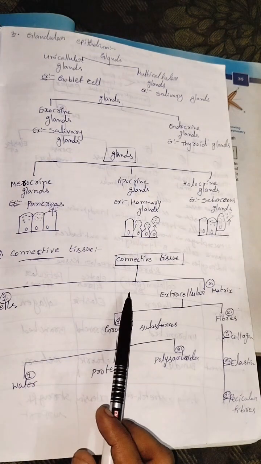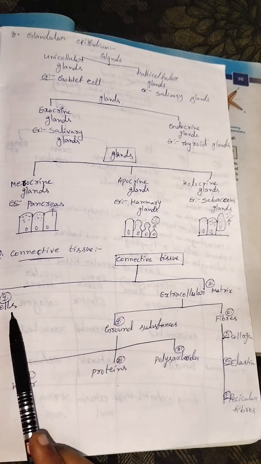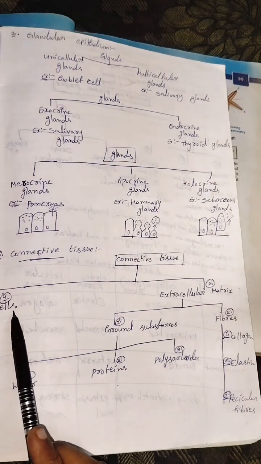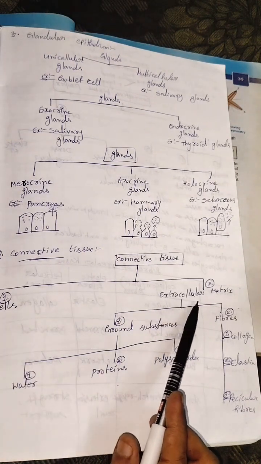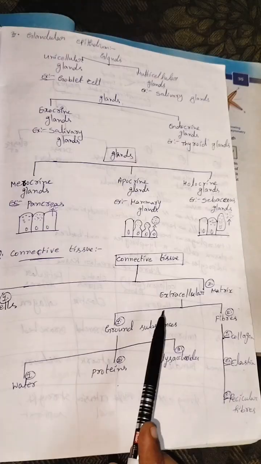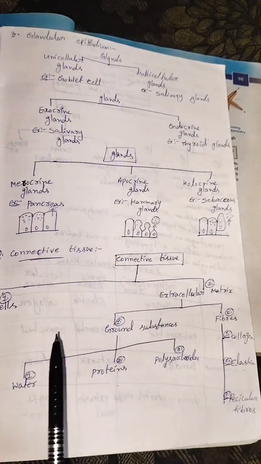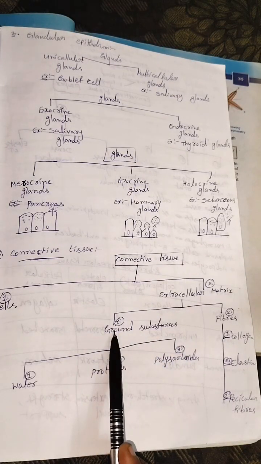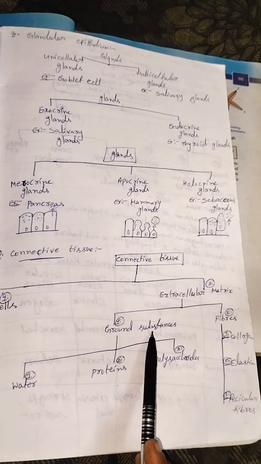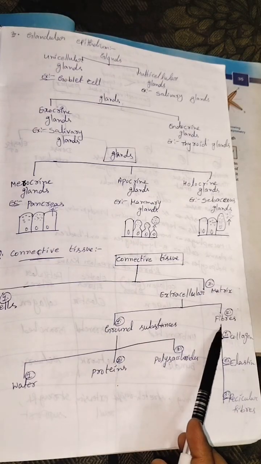Connective tissue is mainly made of cells and extracellular matrix. The extracellular matrix has two types of materials: ground substance and fibers.